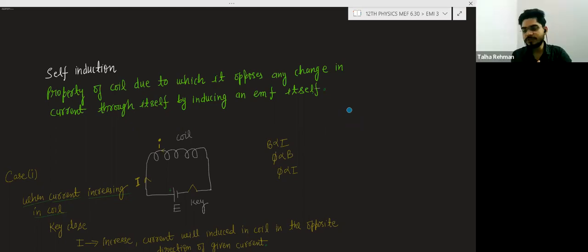Basically this chapter is a game of change of magnetic flux. If you have understood how the magnetic flux is changing, or you know how to write the equations regarding the change in magnetic flux, and you have a little knowledge of differentiation, then you can do this chapter very easily.